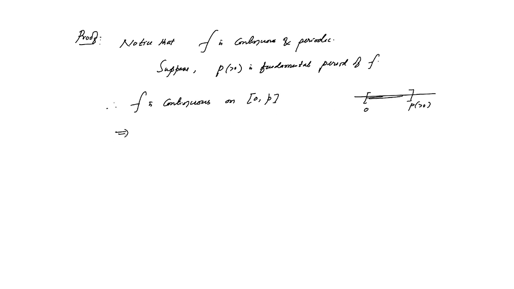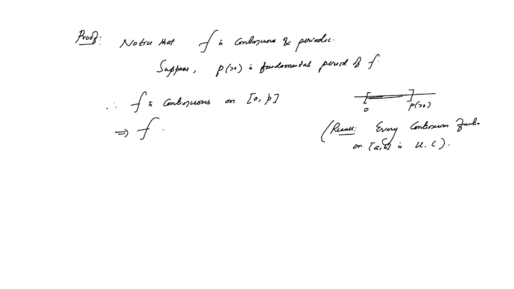Again, we know the recall: every continuous function on a closed and bounded interval, that means on a compact set [a, b], is uniformly continuous.